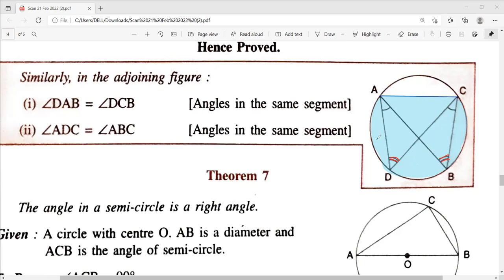As a matter of fact, if you draw a few more angles here, even this angle will be equal to the remaining 2 angles. No matter how many angles you draw, they will all be equal to each other.